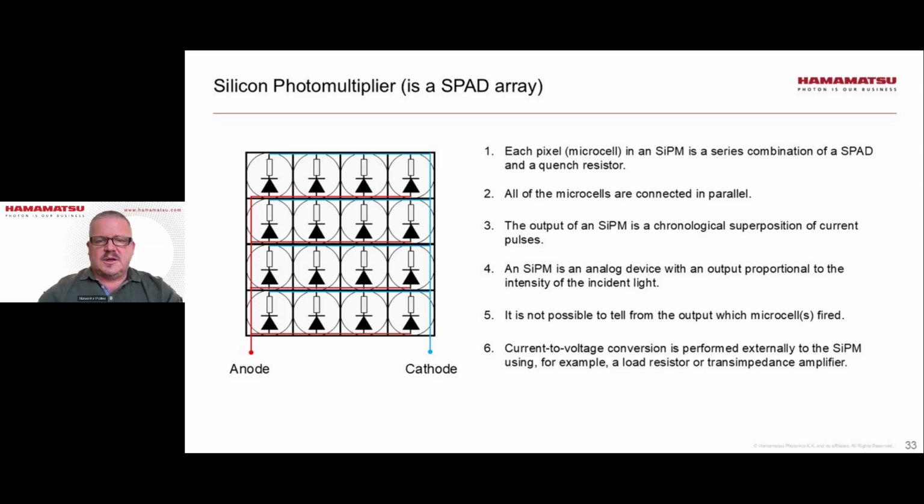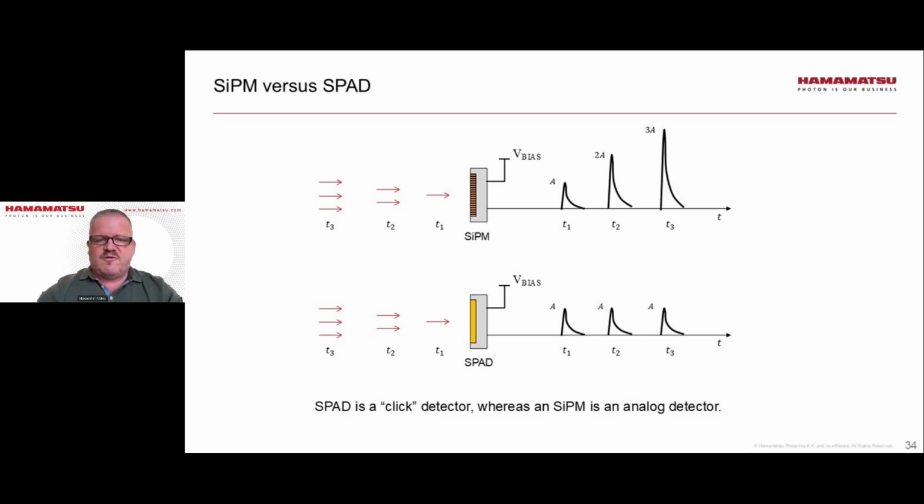This structure is a chronological summer of pulses. So if I have 2 events in 2 microcells simultaneously, I'm going to get a 2 PE waveform as indicated in this slide. Again, a SPAD will always give you individual waveforms, whereas in a silicon photomultiplier, a SPAD array, you can get pulses with amplitude proportional to the number of incident photons at a given moment.